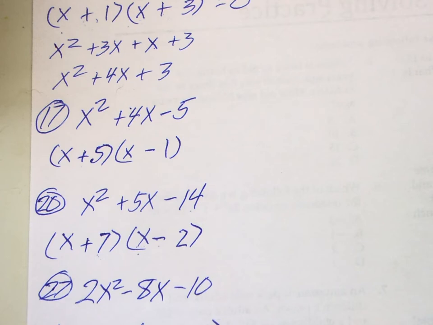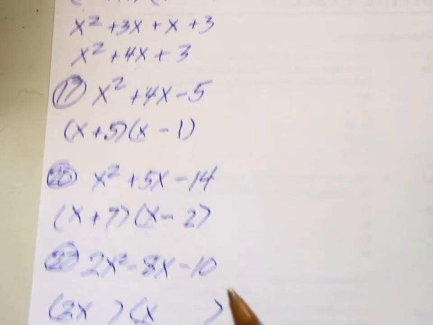If this is a negative 5 here, I'll get negative 5x, and then the 2 will have to be over here. And I'll get positive 2 times 2 is 4. And I'll end up with negative 5x and positive 4x. That'll be negative 1x. That won't give me negative 8.